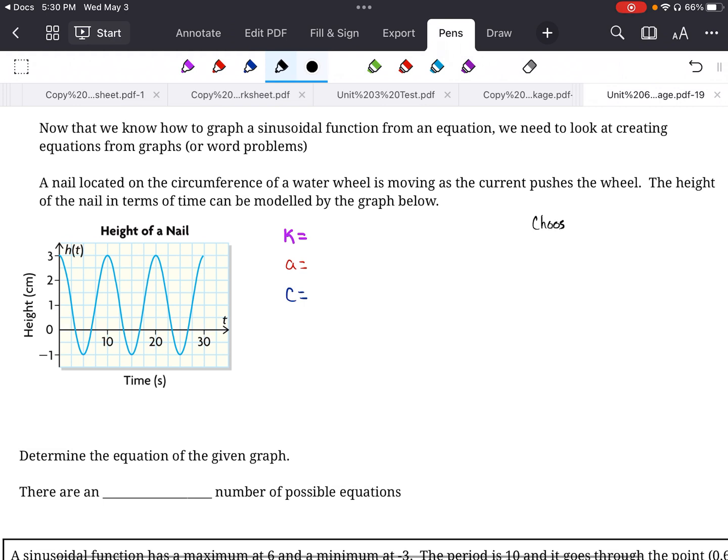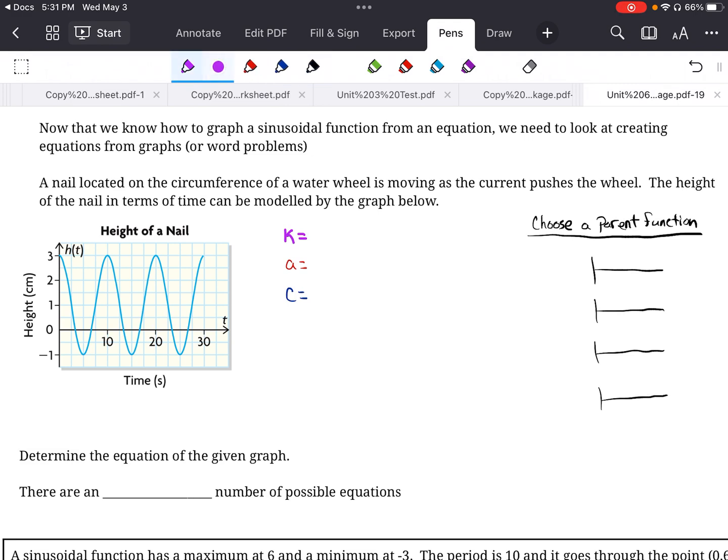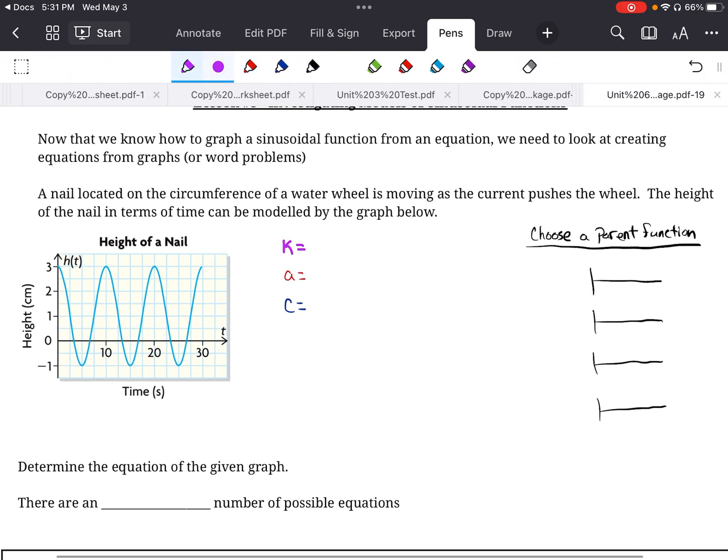Okay, you don't have to write this every time. You'll get used to it. But we need to know if we're using sine or cos. Okay, so there's 4 different options. We have y equals sine x, which looks like this.